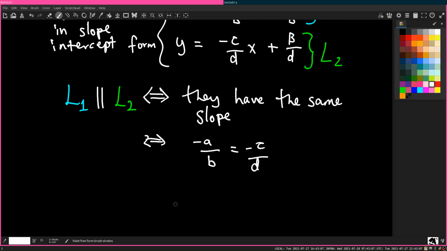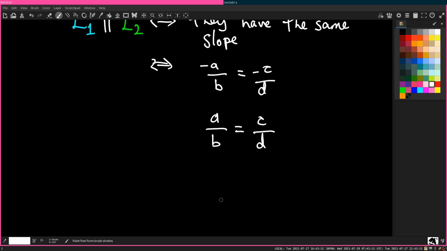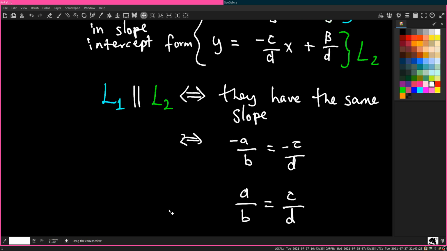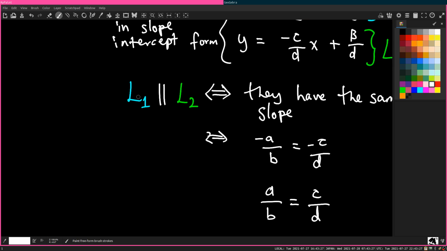Well, if we rearrange this equation, let's cancel the minus signs, so a over b is equal to c over d. Okay, well, this is equivalent to AD minus BC equal to 0. So the system is invertible. So let me frame it this way.